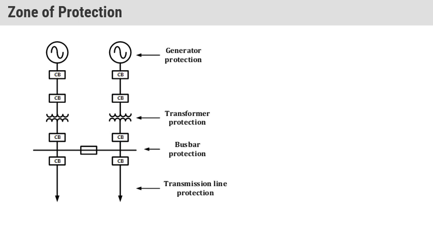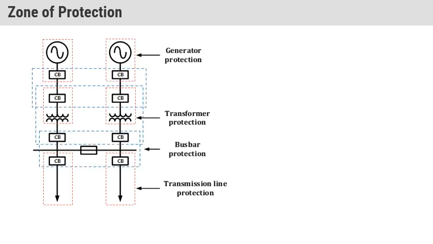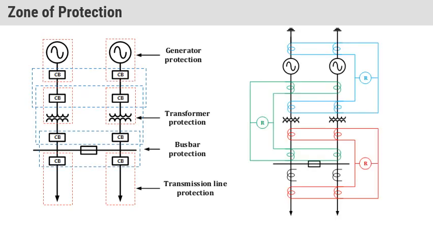Okay, so currents are different from device to device, as well as the point at which the fault occurs. So each device has its own protection system, and all the zones are divided into different protection systems. So these are all the zones of protection.